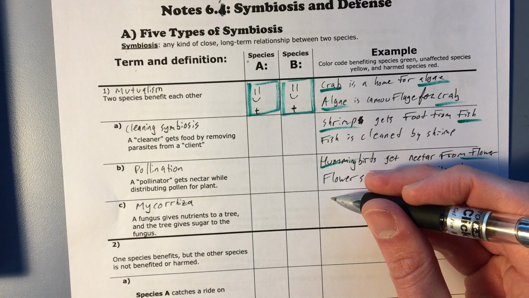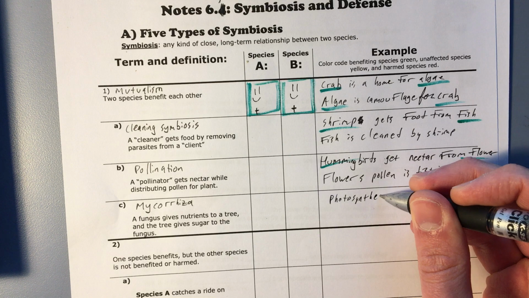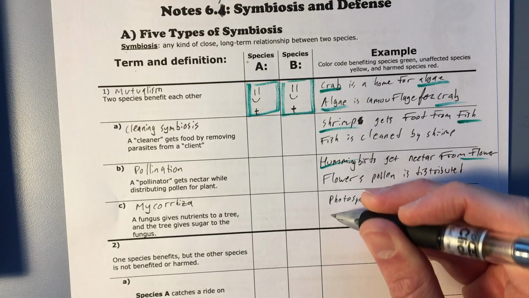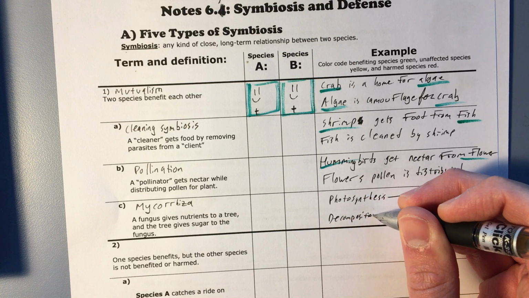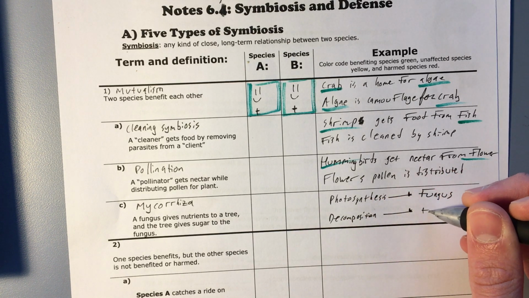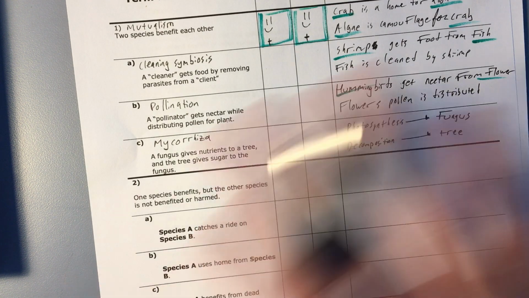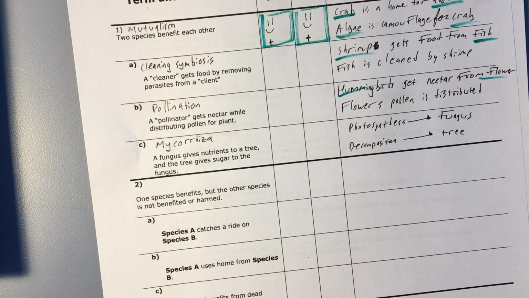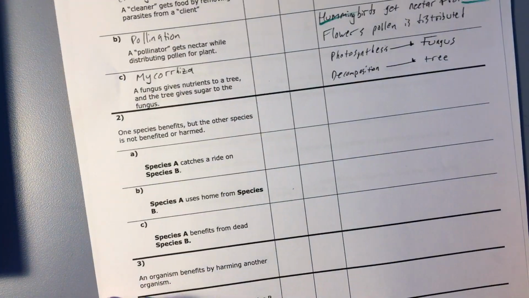The photosynthesis benefits the fungus, and the decomposition that the fungus does, because it's uptaking all those nutrients, it gives to the tree. Without this, a lot of trees and plants would simply not grow well, not get the nutrients they need. That's another reason why fungi are super important for the ecosystem.